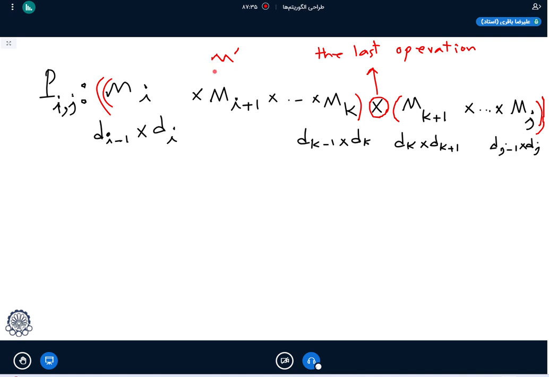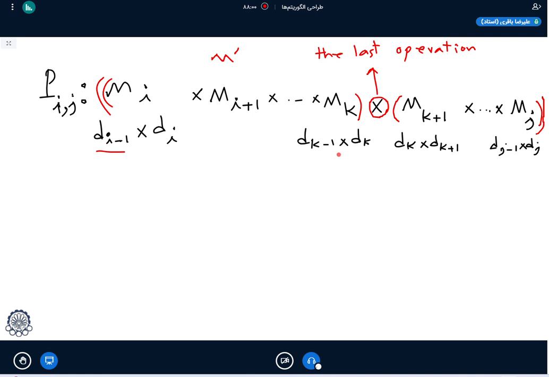This matrix has what dimension? As I said before, when we are multiplying some matrices, the middle dimensions are omitted, and at last the first dimension and the last dimension remain.